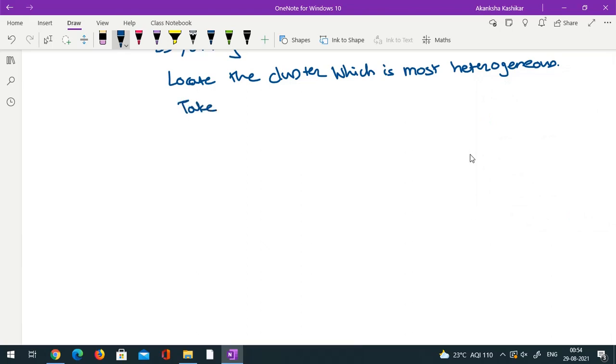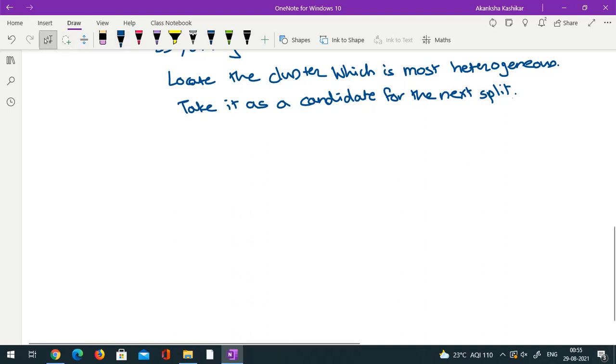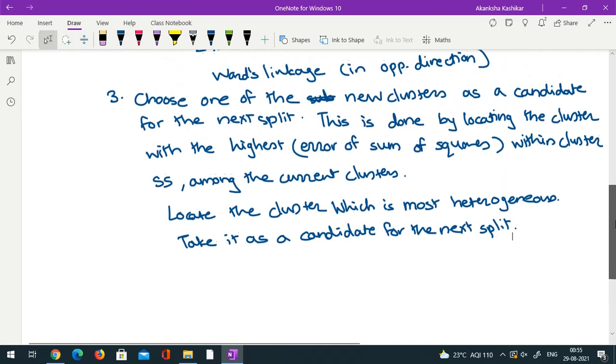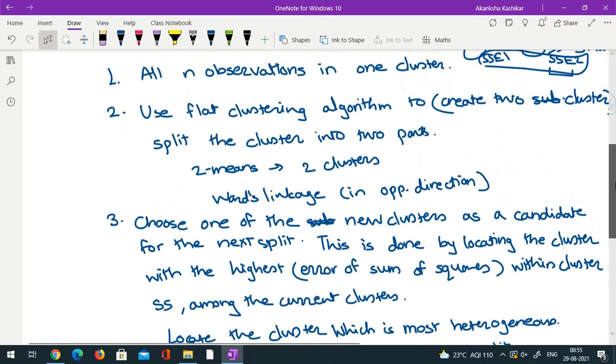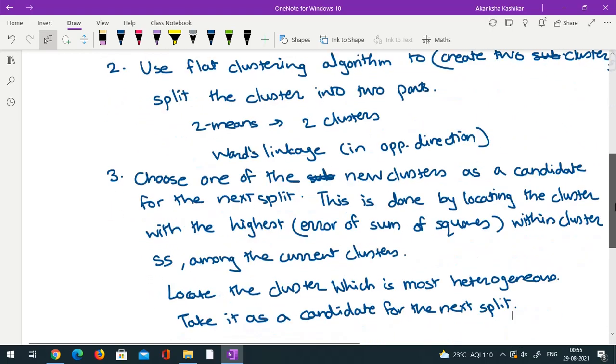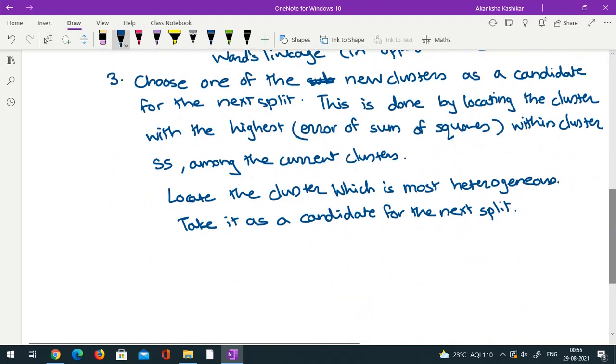And take it as a candidate for the next split, and then this cluster is split into two via again the same flat clustering algorithm which you use in step 2. Okay.